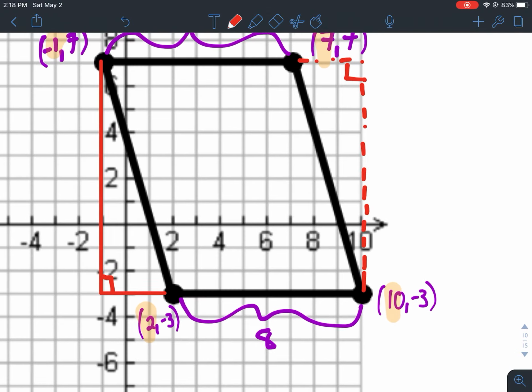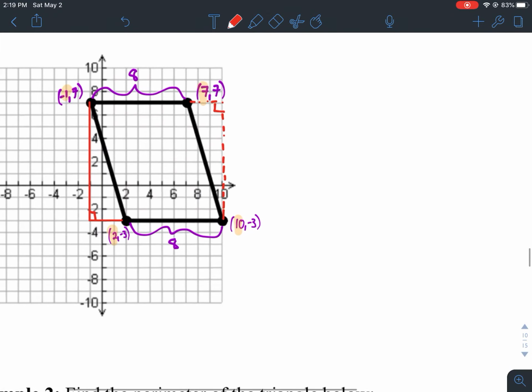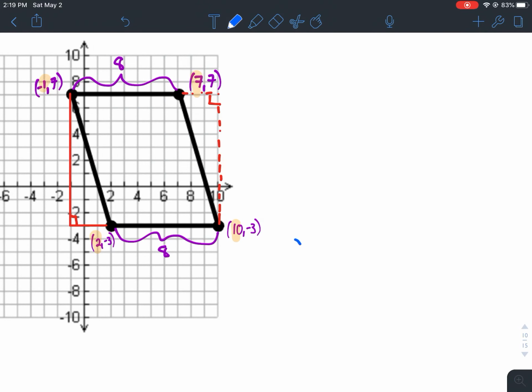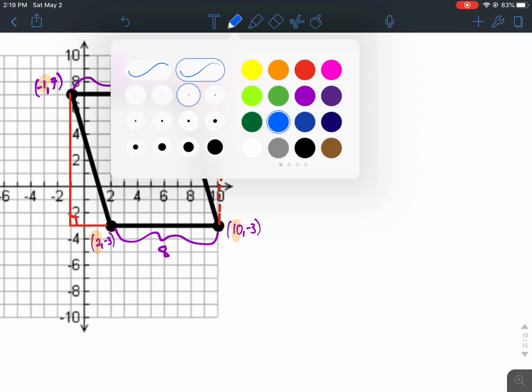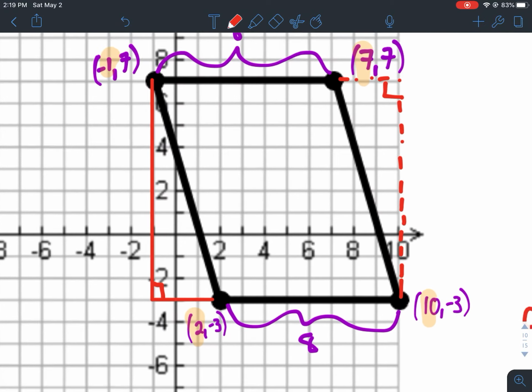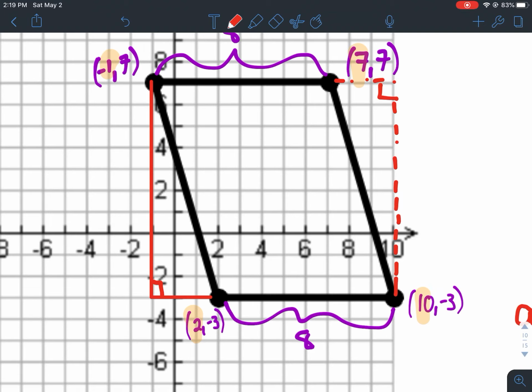If you recall, the Pythagorean theorem states a squared plus b squared equals c squared. In this case, the longest distance is our c value, so it's always across from the 90-degree symbol.